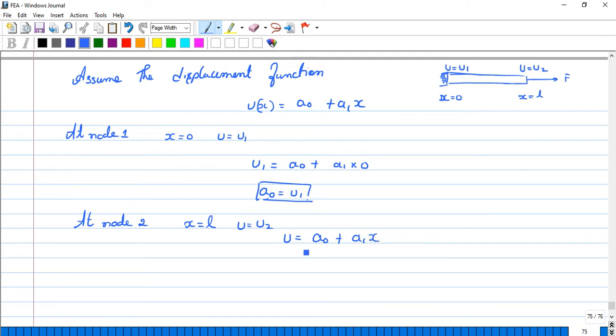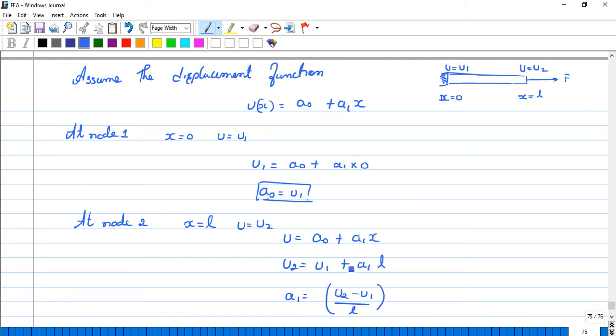So in this displacement equation, u will be u2, a0 we already found as u1, plus a1, x will be L. Then I obtain a1 as (u2 minus u1) by L. So I found what a0 is and what a1 is.